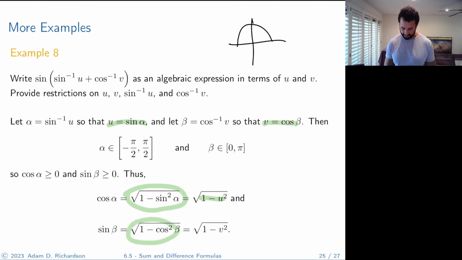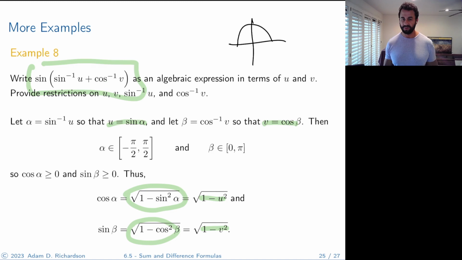So this one down here becomes the square root of 1 minus v squared. Now you can see that we've eliminated the presence of cosine and sine, and we only have u's and v's. We can write cosine in terms of u, and we can write sine in terms of v.